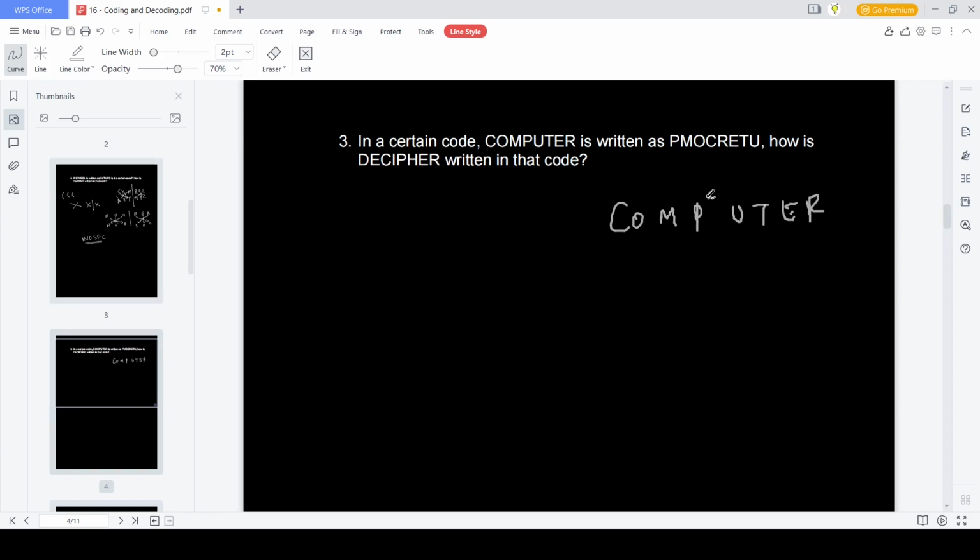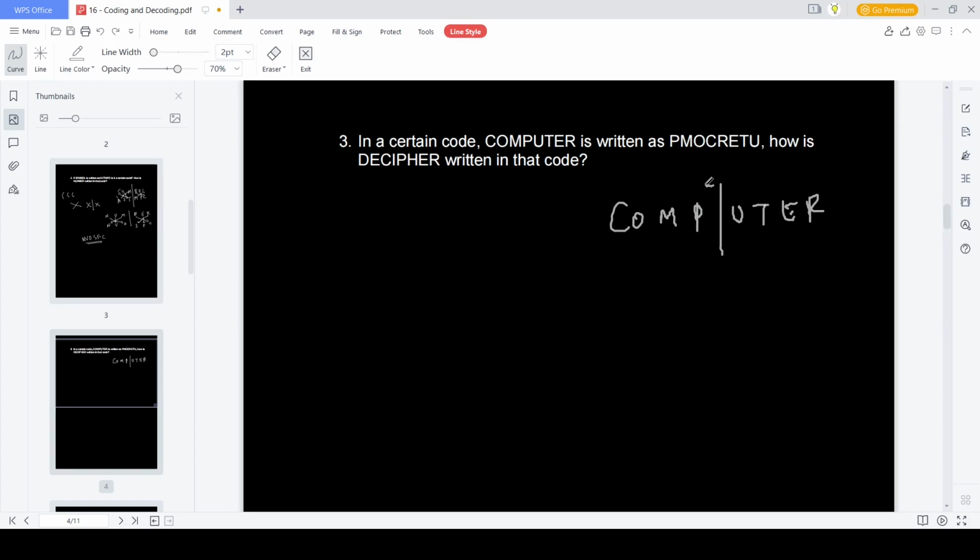COMPUTER. If you divide by half, you will get it as PMOC. If you see it from here, first of all, the reverse is not this code. So we will go for some other method, where dividing in half is a very common strategy. For whatever questions I've seen and prepared for this topic, dividing in half is a very common strategy.